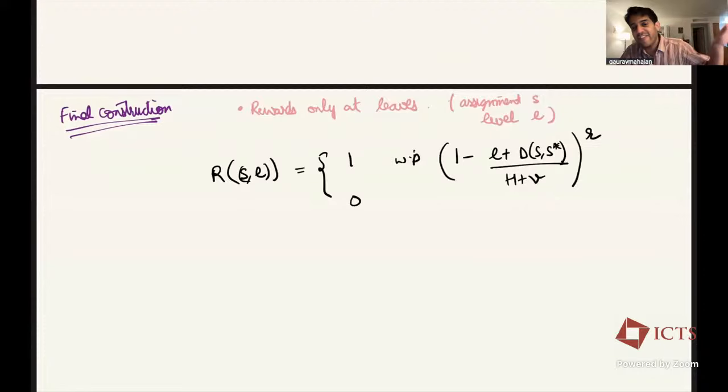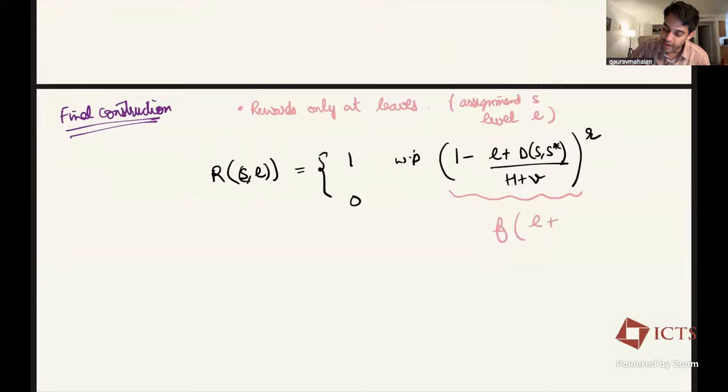Okay, and at the leaves it's not giving any. Maybe it's too many things here, but the way I'm thinking of this, you should think of this as just a function of L plus D(S, S star). Okay, and it's a degree R polynomial in it, and has the right things we want: as the distance from S star increases, you get less reward.